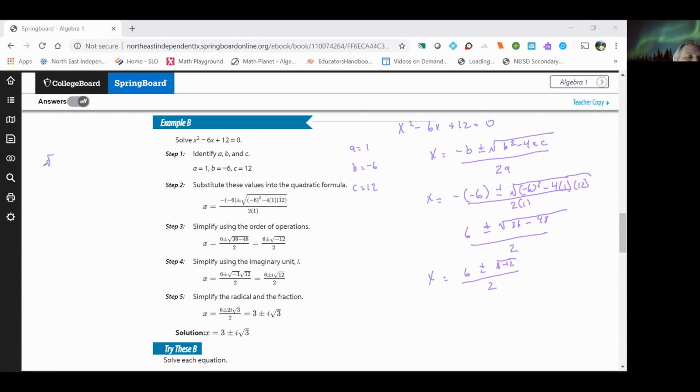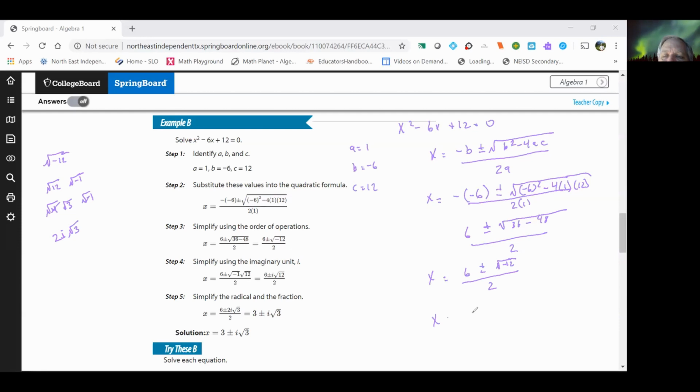The square root of negative 12 simplifies to the square root of 12 times the square root of negative 1. And then the square root of 12 can be further simplified to the square root of 4 times the square root of 3, times the square root of negative 1. So it's going to be 2 times i times the square root of 3.